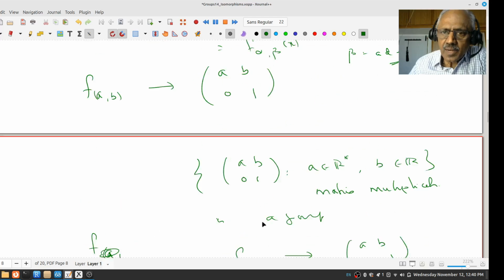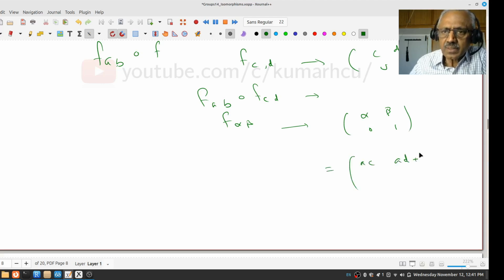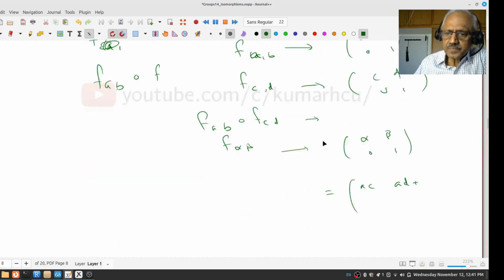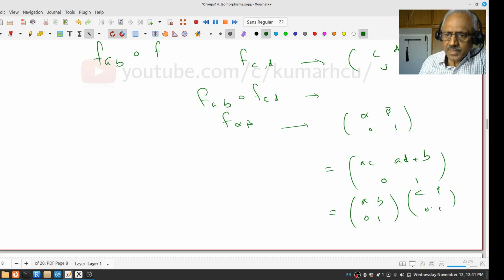Alpha is ac, so this f_{alpha,beta} goes to the matrix [[alpha, beta],[0, 1]], which is [[ac, ad + b],[0, 1]]. That is nothing other than the multiplication of [[a, b],[0, 1]] and [[c, d],[0, 1]]. See, ac, then ad + b. The image of f_{a,b} is this, the image of f_{c,d} is this, and f_{alpha,beta} is this.